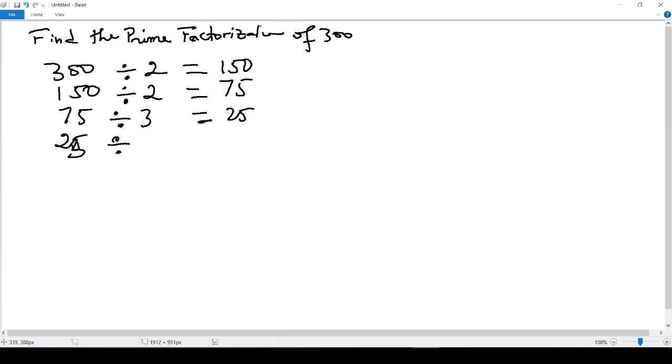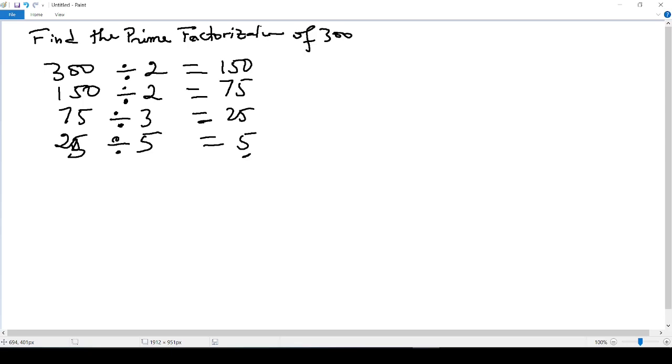No. Which one is the next prime number after 3? That's 5, right? Can we divide by 5? Yes. 25 divided by 5 is 5. Is our result 5 a prime number? Yes. Since our final result is a prime number, we stop there.